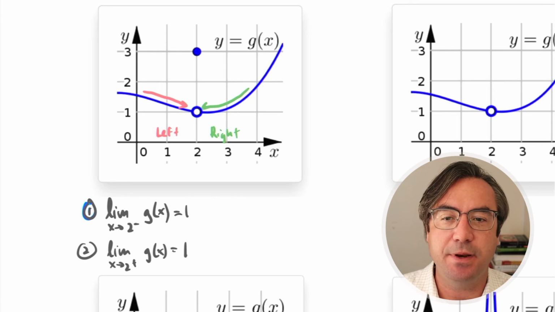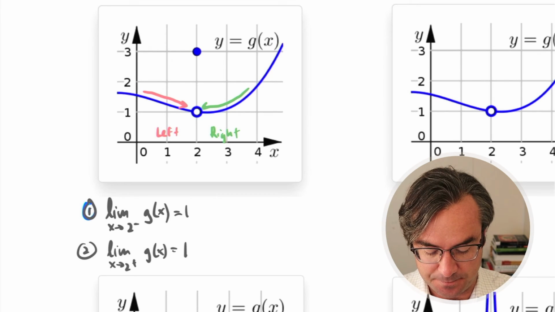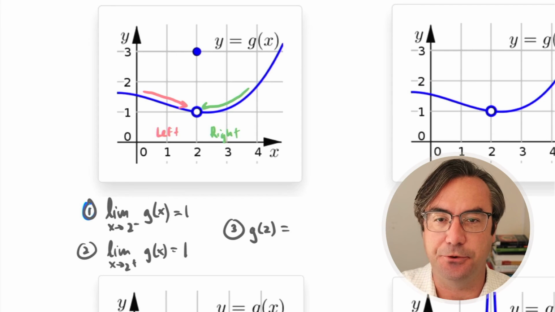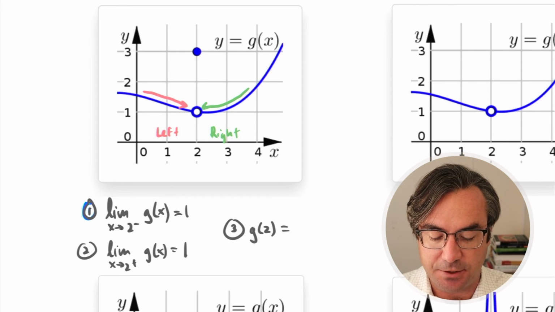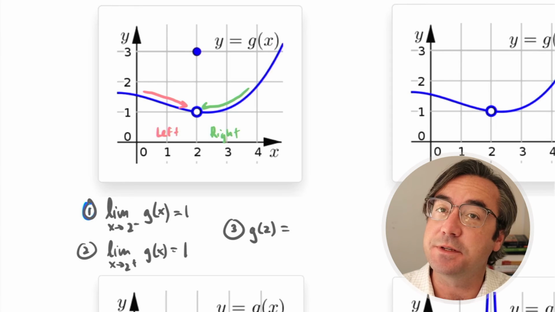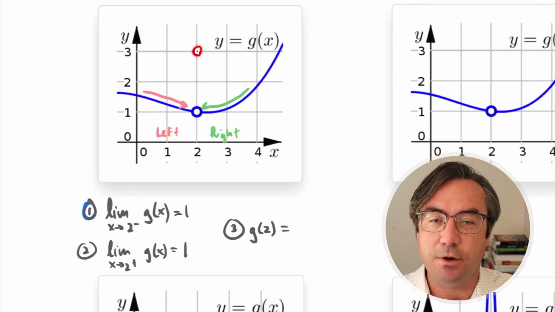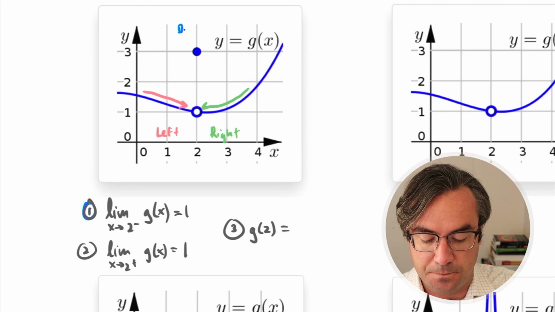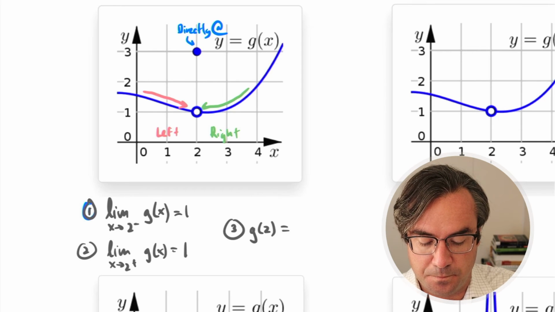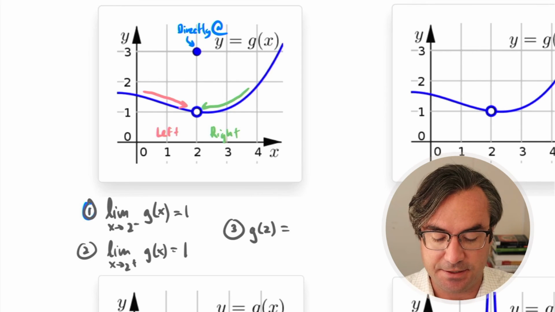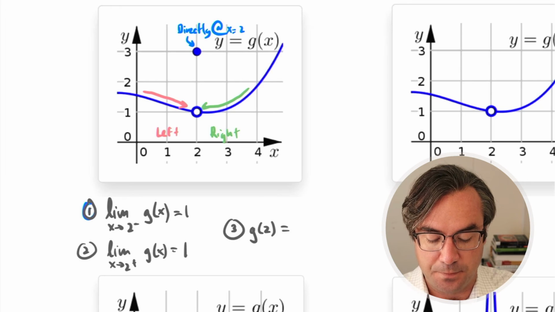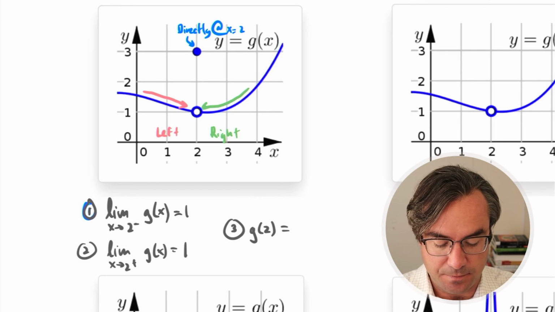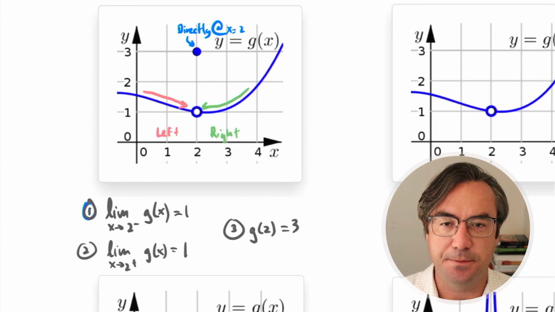So now what's happening directly at x equals 2? Well, directly at x equals 2, we find the filled-in point, and the y-coordinate for that filled-in point is 3. So that's us directly at x equals 2, and that means our function value here is 3.